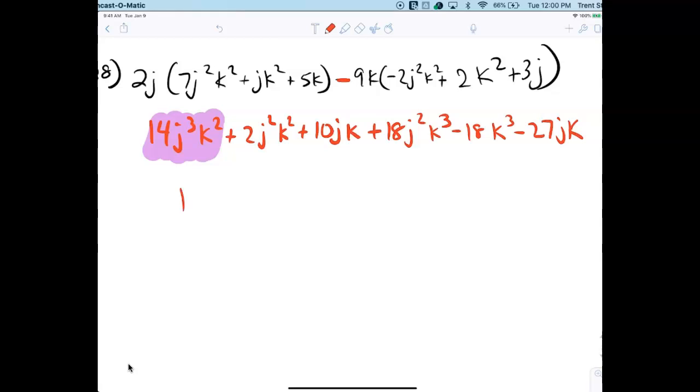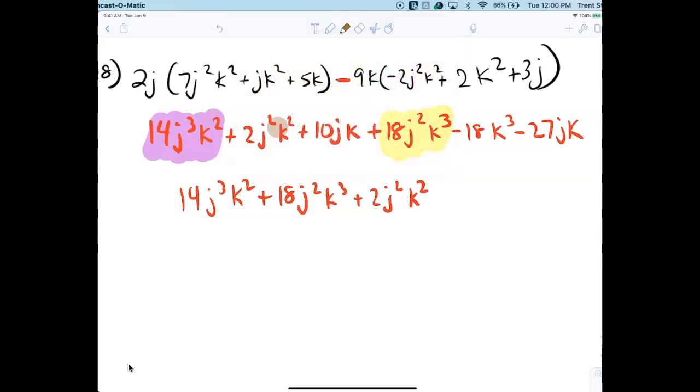So let's go ahead and write 14j cubed k squared. So then j squareds. So this one technically should be second, right? Because k cubed is bigger than k squared. So that'd be plus 18j squared k cubed plus 2j squared k squared.